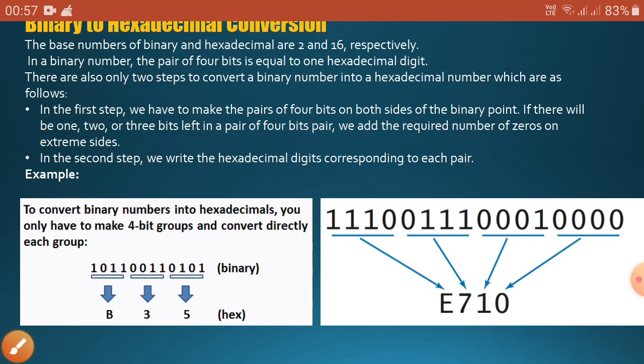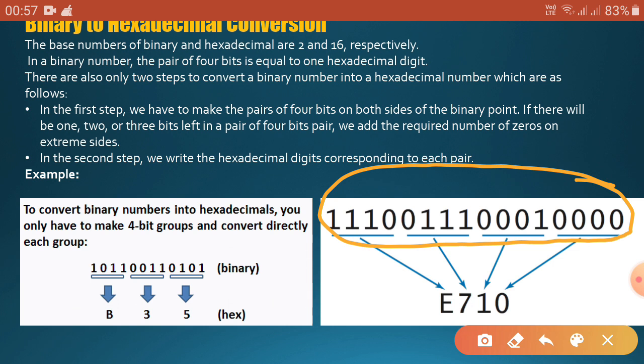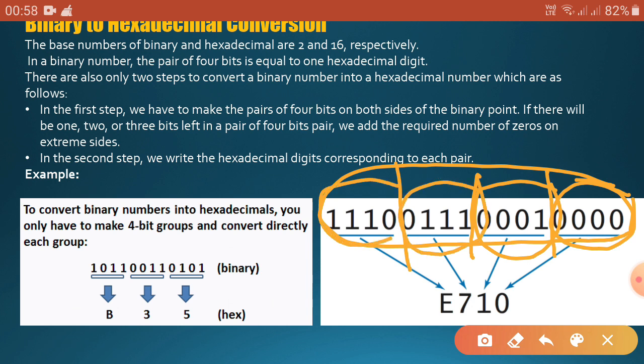How? Suppose the question is, we have to convert this binary number system into hexadecimal number system. How to convert? We have to make the groups of 4 digits first from the left side. Okay, so what are the groups? This is 0 0 0 0, then 0 0 0 1, then 0 1 1 1, then 1 1 1 0.